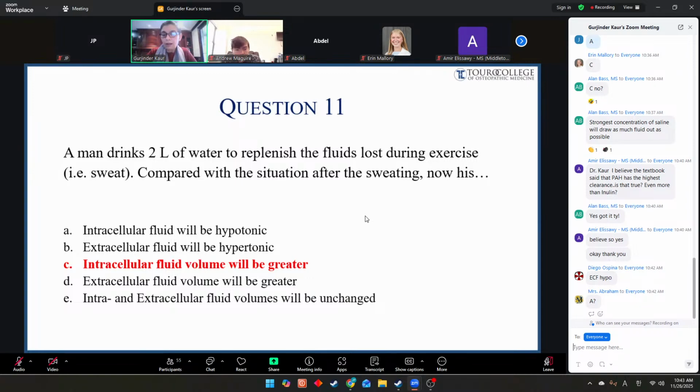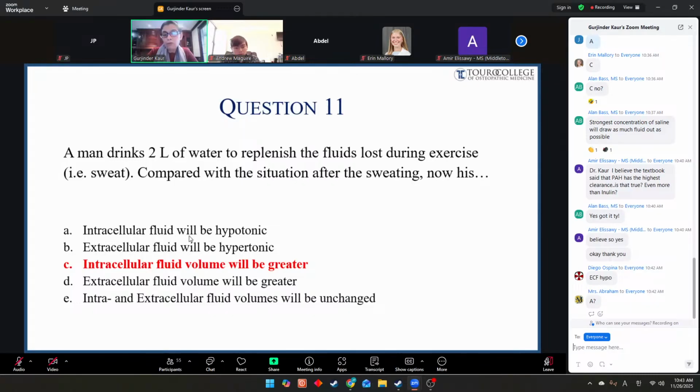And then if you added just clear 2 liters of water, it doesn't tell you there was any solute in it. So it's just making the ECF hypo. Now from hypo to hyper, it has to move inside the cell. So you will be building the intracellular fluid volume eventually, right?